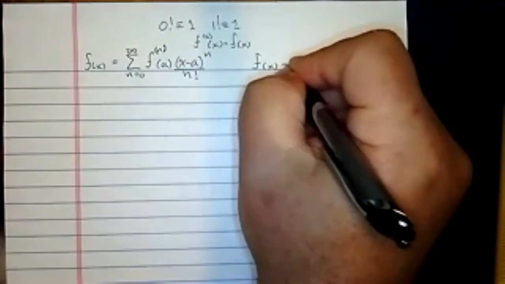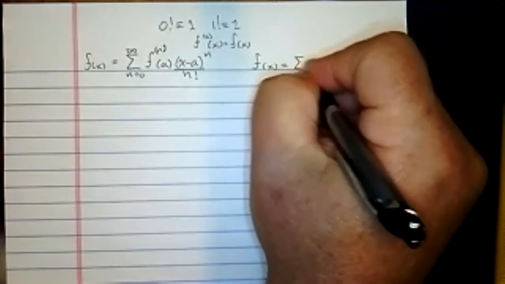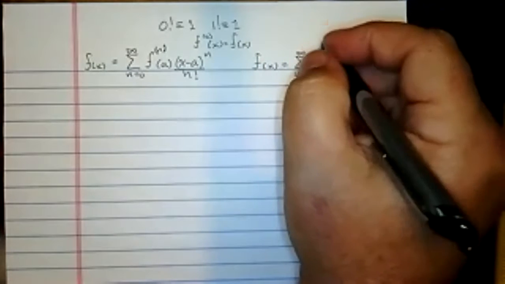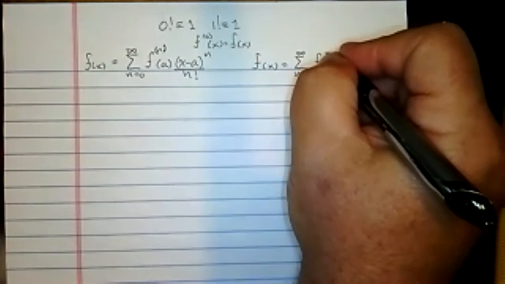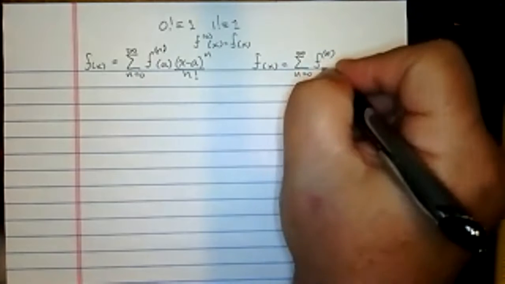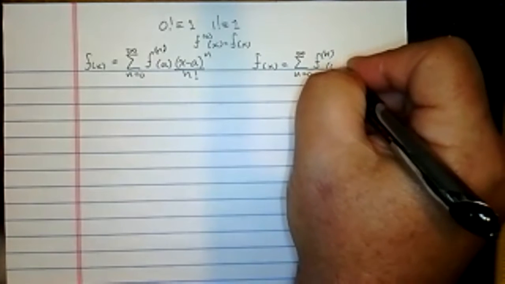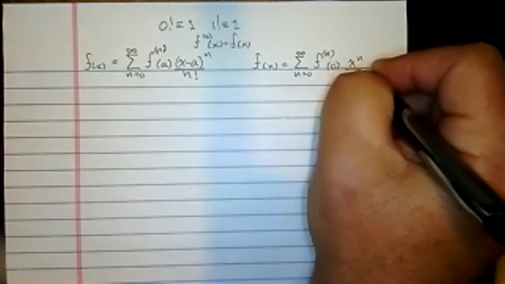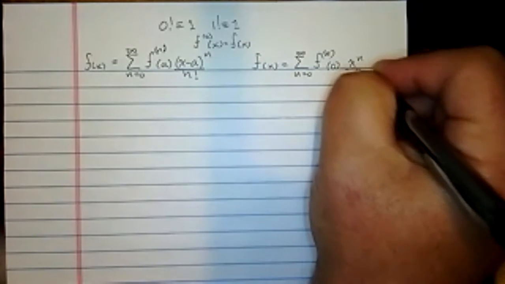So we're going to say f of x is equal to the summation from n equals 0 to infinity of the nth derivative of f evaluated at 0 times x to the n over n factorial. So what we have is three functions.